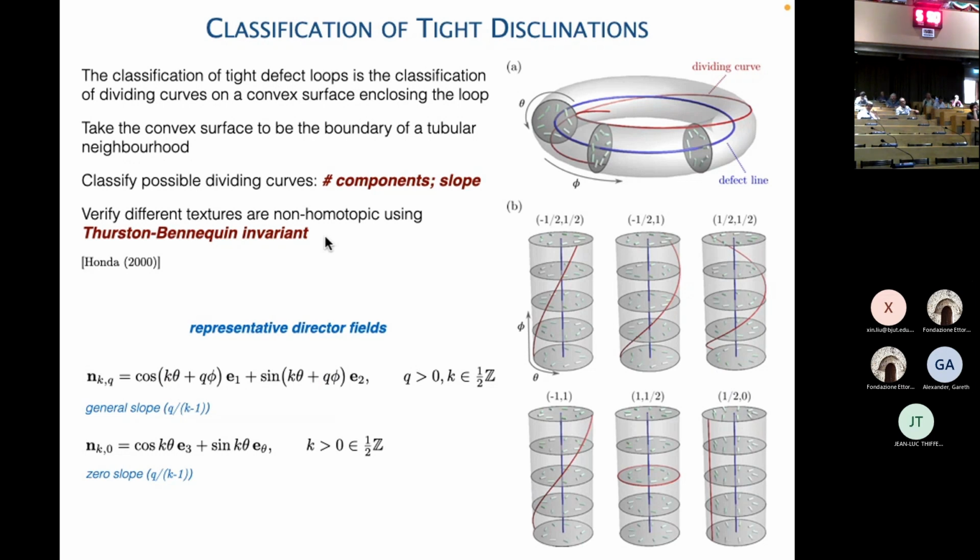So is it mostly vertical, is it mostly horizontal, or somewhere in between? And for each of the possibilities, you can write down an explicit representative for some director field, which corresponds to a line with a particular slope and particular number of components. Here's some list of what those look like.